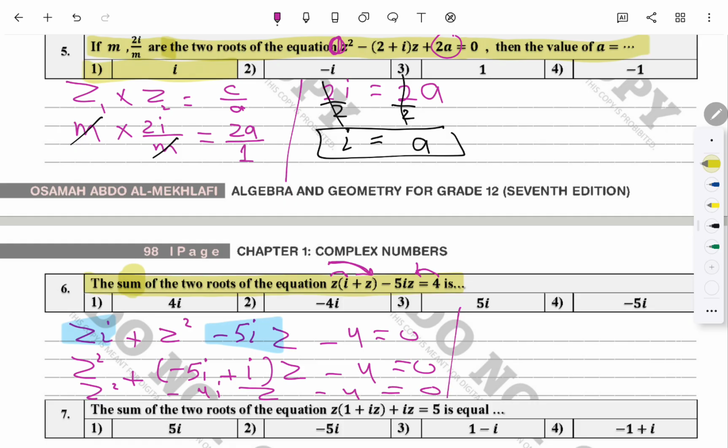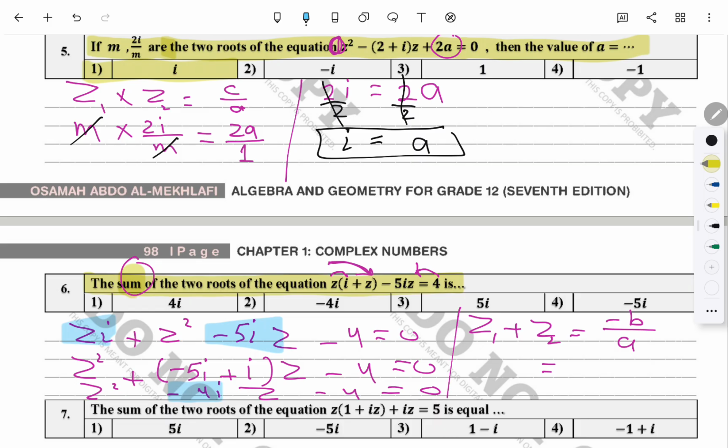Now, he is asking you to find the sum of the two roots. So the sum is z1 plus z2 equals negative b divided by a. Negative b is going to be exactly negative 4i.